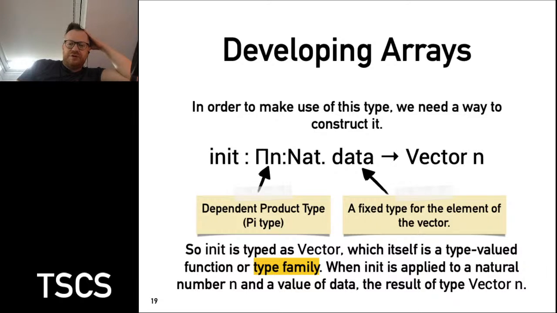Of course, as we're in the type universe, this is not the data itself. This is a fixed type for the element of the vector. Whenever we have something like an array, all of the elements are of the same type, of course. And we need some data type to describe that. And this is what we use data here for.